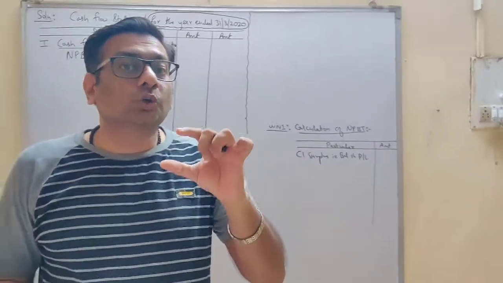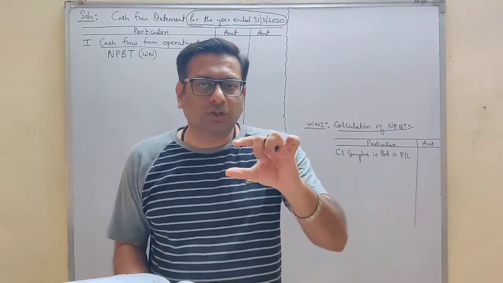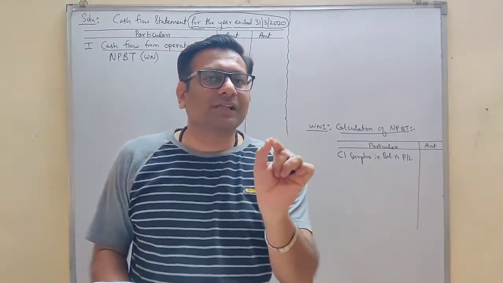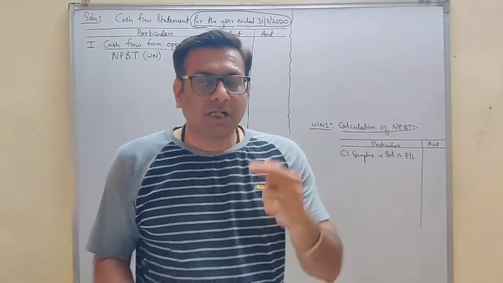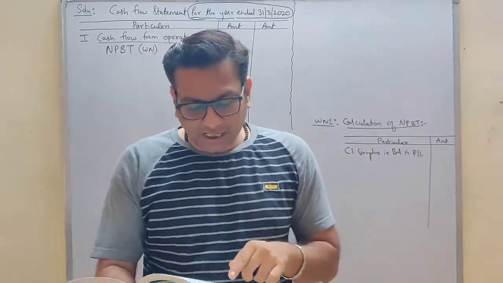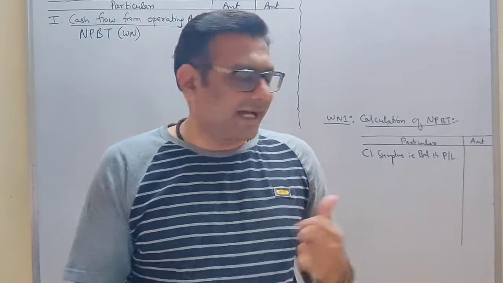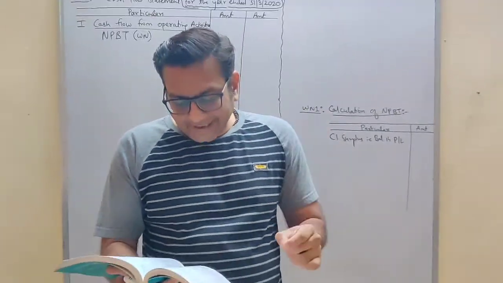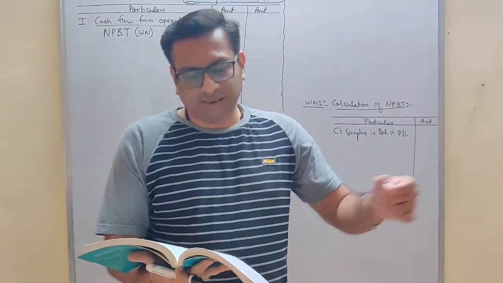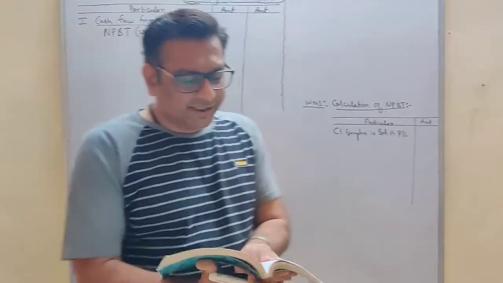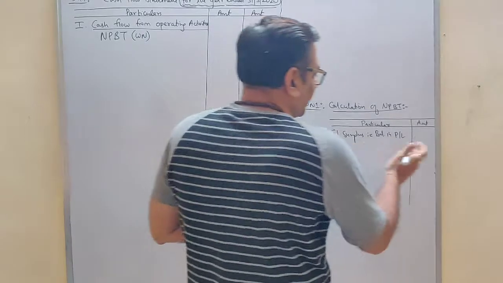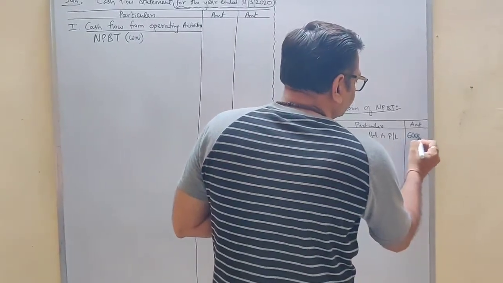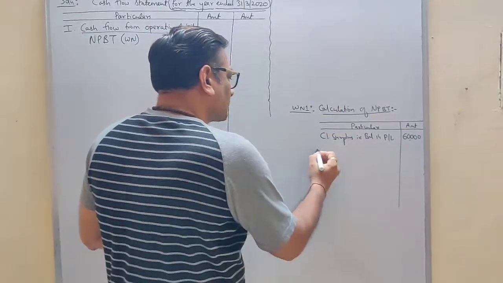This is given to you in the note to account. In the note to account you will see reserves and surplus is given in the question. Under reserves and surplus they have given you the surplus balance in the statement of P&L of the current year and of the previous year. The current year is the closing surplus, so they have given the current year's closing as 60,000.